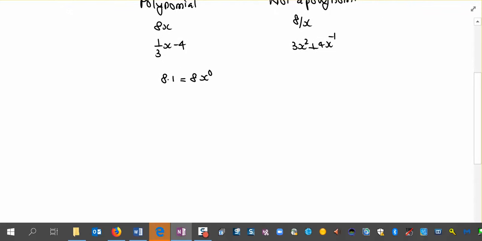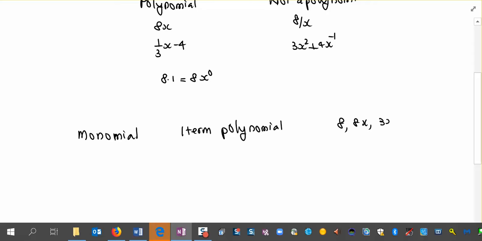There are three kinds of polynomials that have special names, and those are monomials. Monomial. This is a one-term polynomial. So that's like 8x, 3x squared, can be negative of course, and so on.